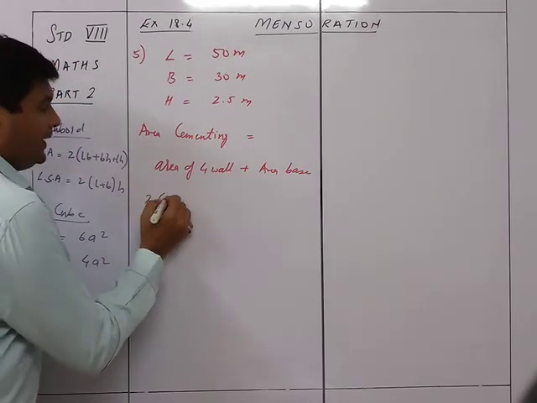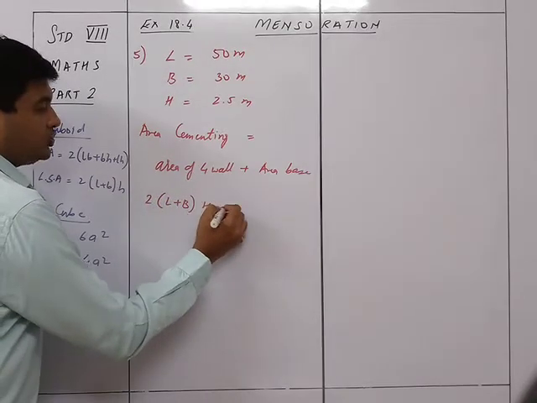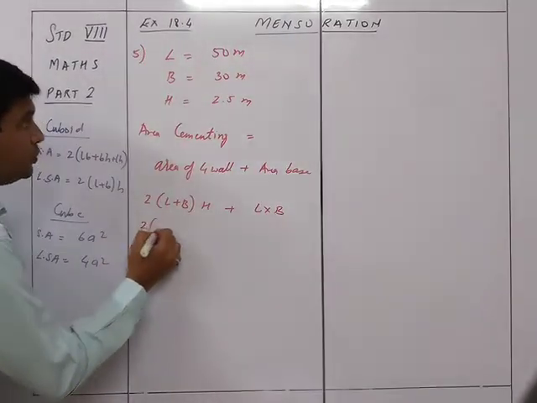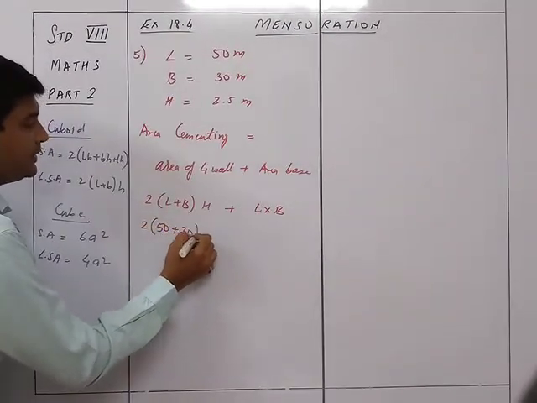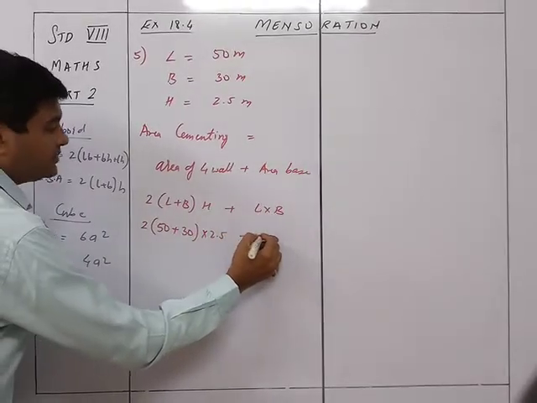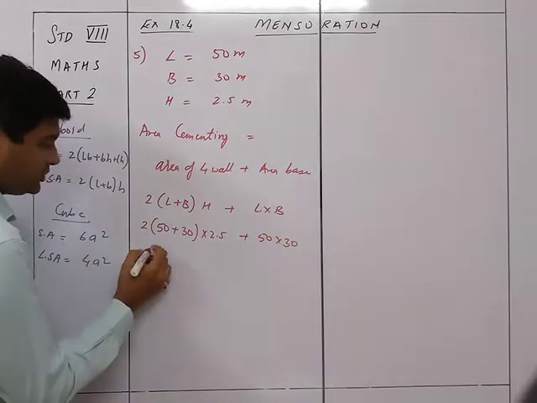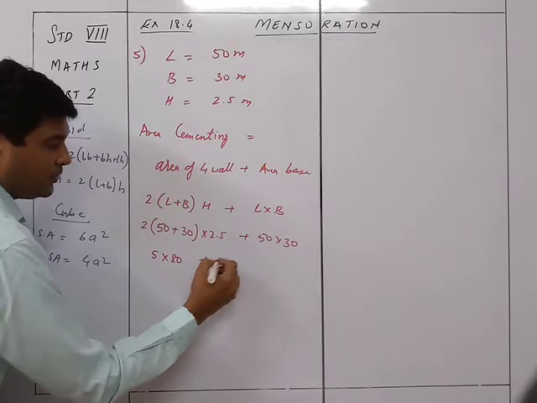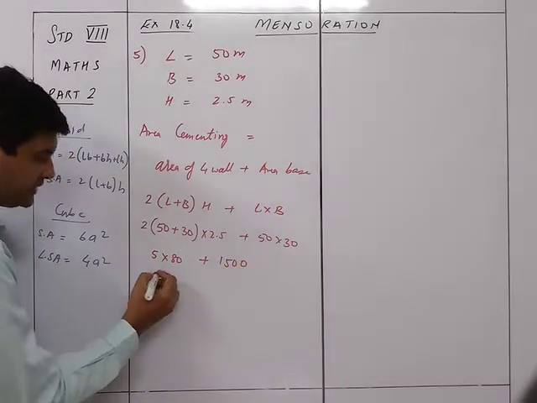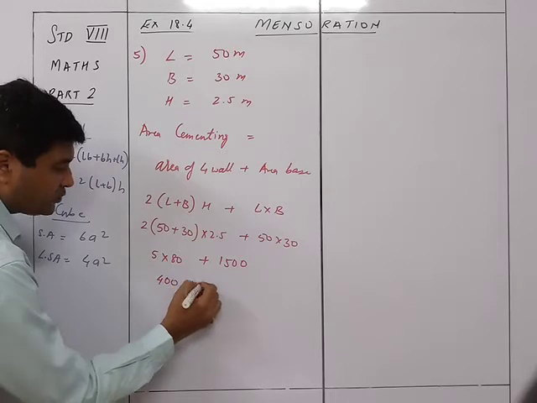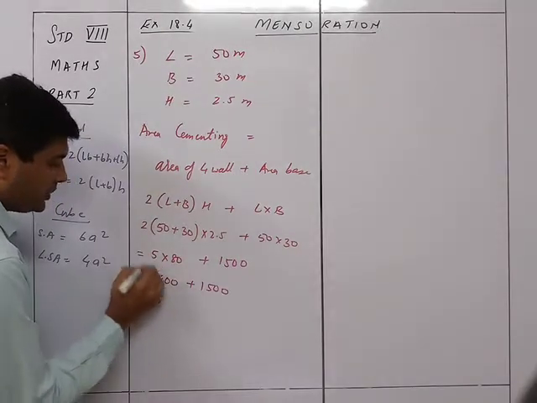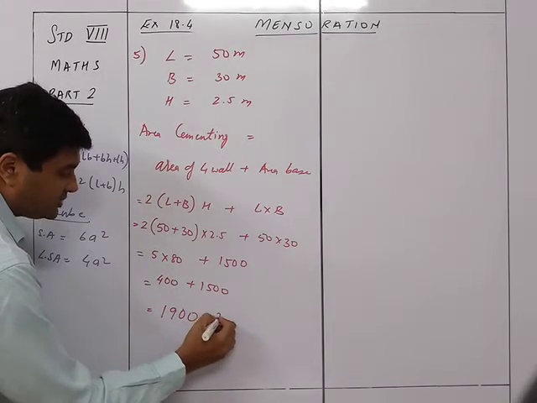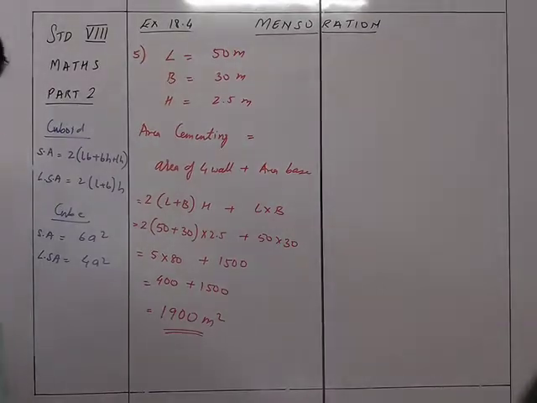So that is 2 into L plus B into H plus L into B. So that will give you 2 into 50 plus 30 into 2.5 plus 50 into 30. So that is 2.5 into 2 is 5. So it's 5 into 80 plus 1500. So that is 5 into 80 is 400 plus 1500. That will be equal to 1900 meter square. This is the area to be cemented.